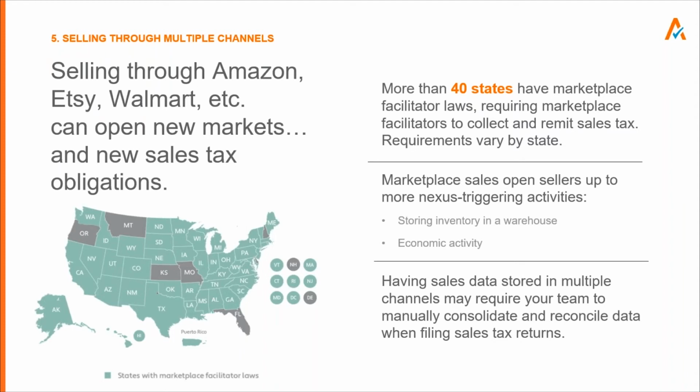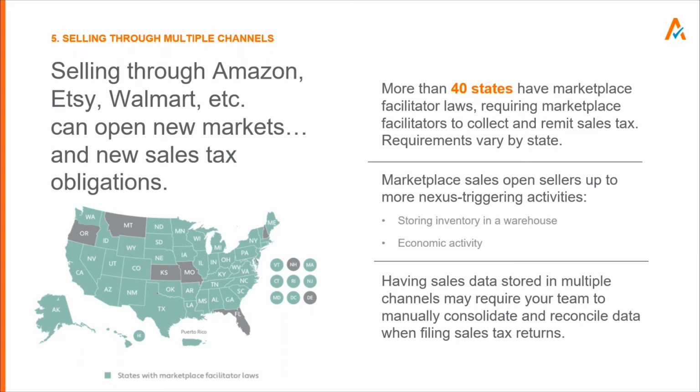Selling through multiple channels. We've talked a lot today about lots of sales channels. So there's selling through the marketplaces. We talked about the marketplace facilitator laws and how it can create an economic nexus or can create nexus activity for you. A couple years ago, there was a court case in California where the seller was utilizing a marketplace to facilitate their sales, to fulfill their sales.